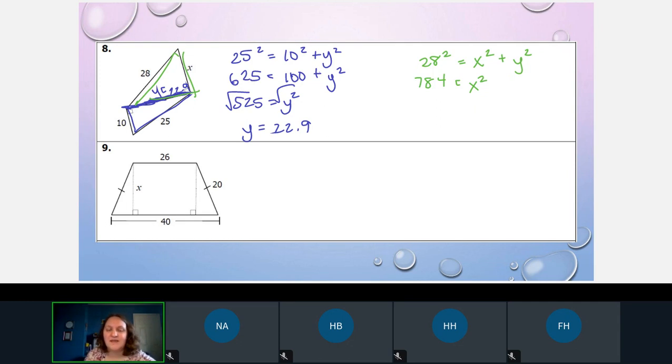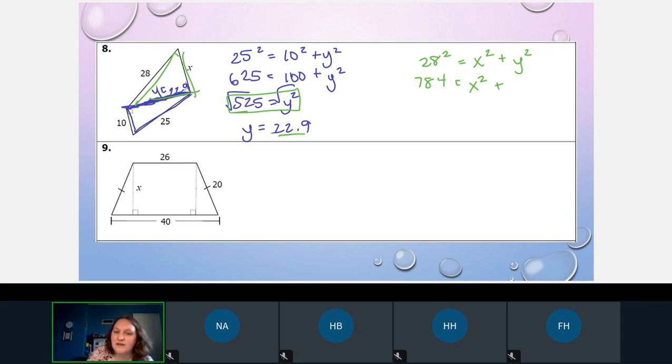Now, if I take 22.9 and square it, I get 524.41. But that was a rounded answer. This 22.9 is rounded, right? So I want a more exact answer. And what I'm actually going to do is go back to this step where it said that y squared equaled 525.